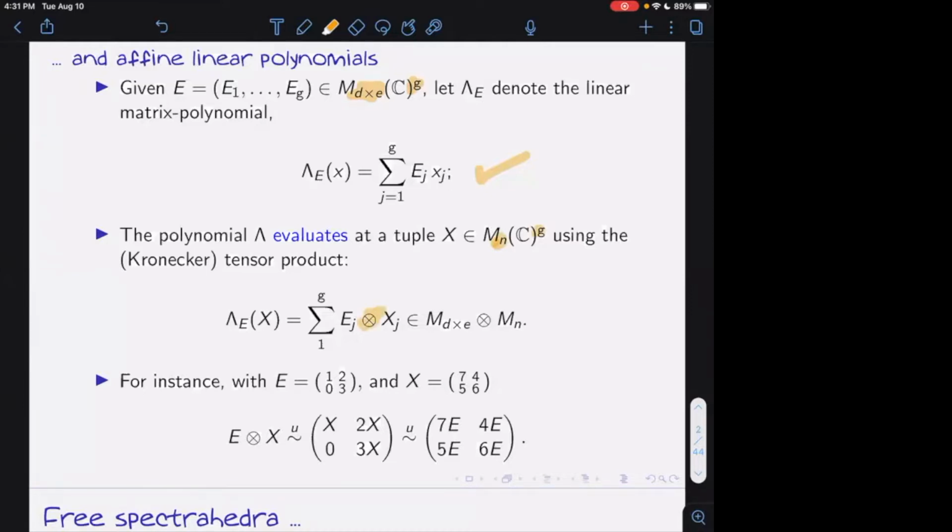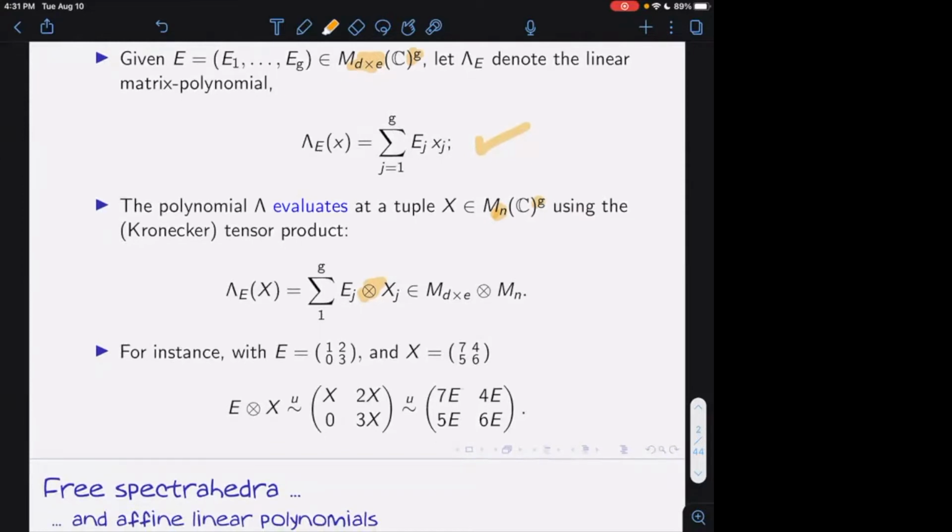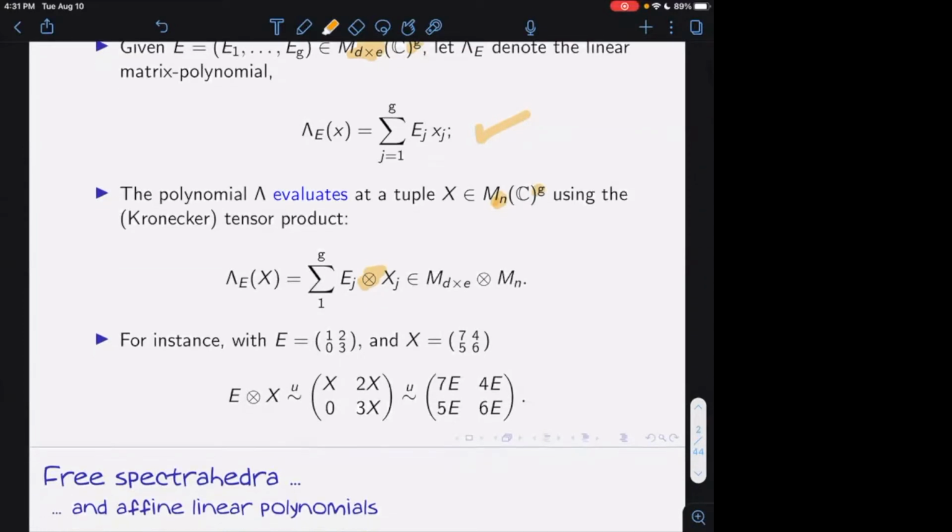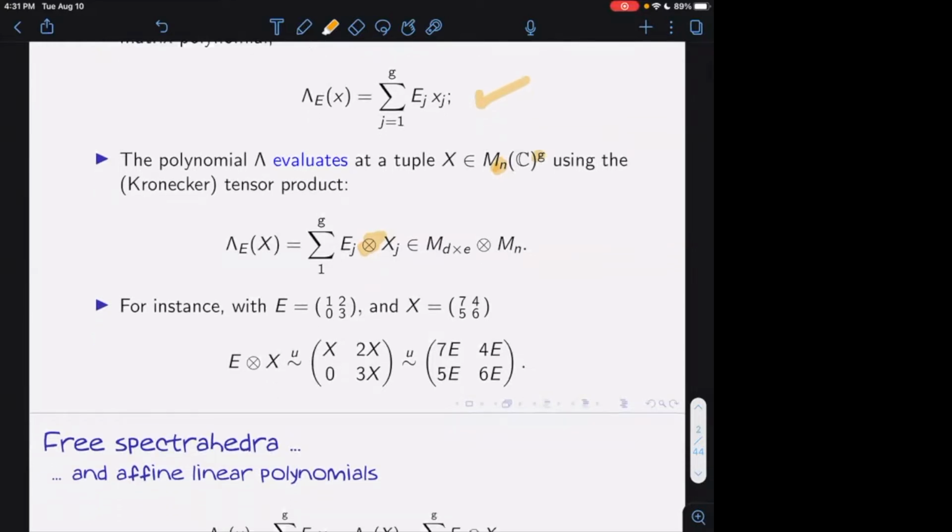And so you end up with a matrix. You could think of it as a d by e matrix with n by n entries, or maybe you want to think of it as an n by n matrix with d by e entries, or matrices of size nd by ne. It doesn't really matter. I tend to think of the tensor product as being just algebraic, but if you want, you can interpret it as the Kronecker product.